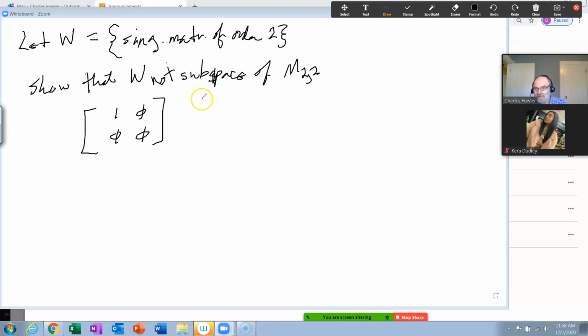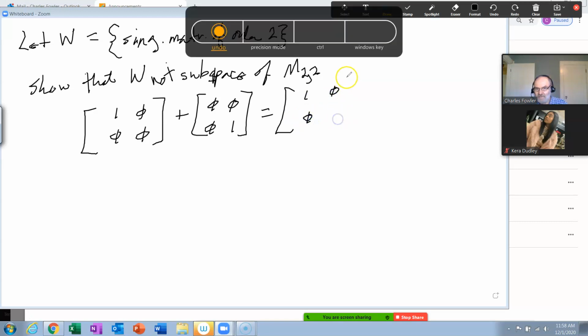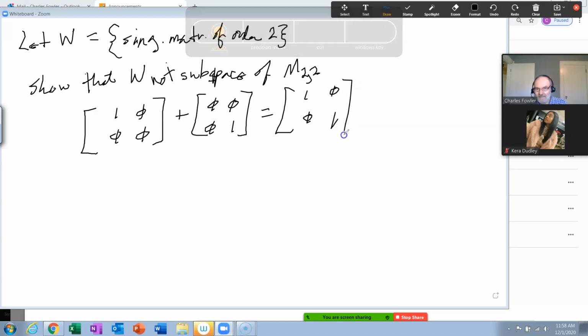Here is another singular matrix: 0, 0, 0, 1. Now if you were to add these two together, you get 1, 0, 0, 1. Now, this obviously is a non-singular matrix because it's an identity matrix and it has an inverse, itself.